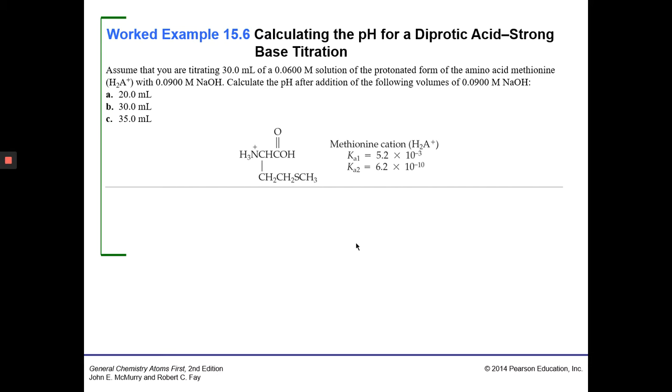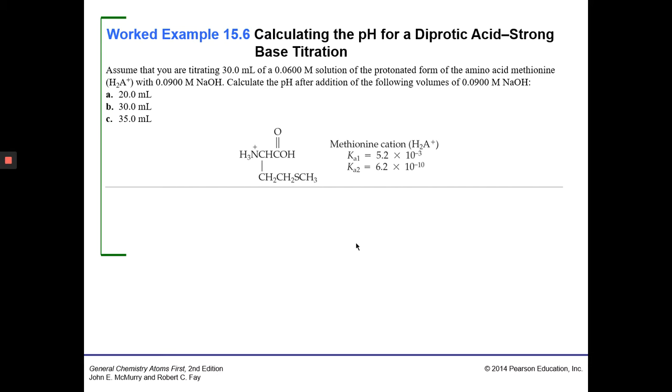Okay, here we're going to calculate the pH of a diprotic acid strong base titration. Assume that you are titrating 30 milliliters of a 0.06 molar solution of the protonated form of the amino acid methionine, which we'll abbreviate as H2A+, with 0.09 molar sodium hydroxide.